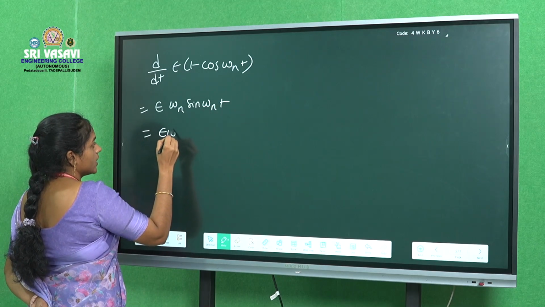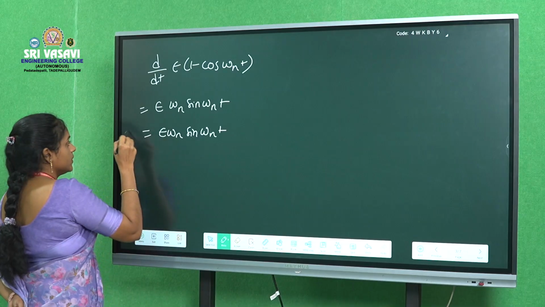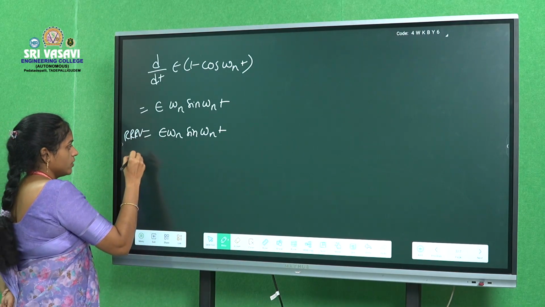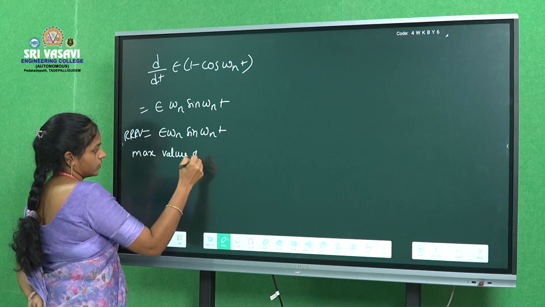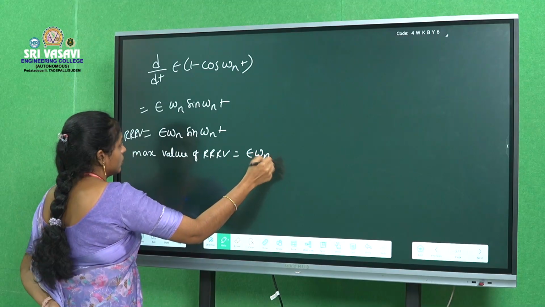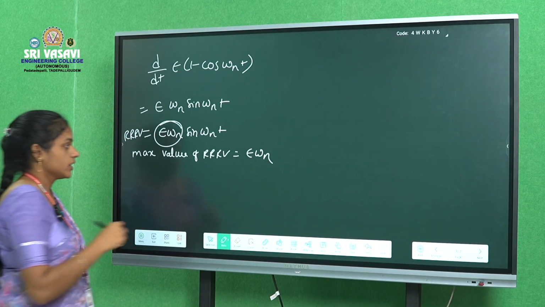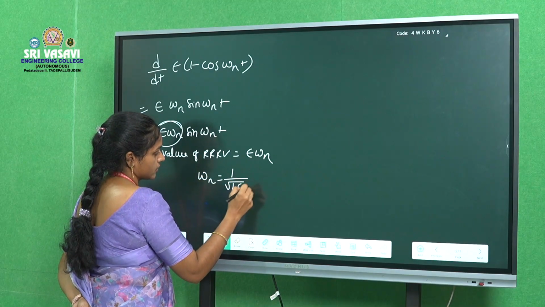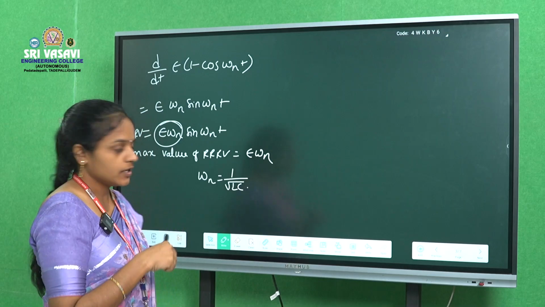So E omega n into sin omega nt is the RRRV, rate of rise of restriking voltage. The maximum value of RRRV is E into omega n. Here omega n is 1 by root LC. So this is about restriking voltage and RRRV.